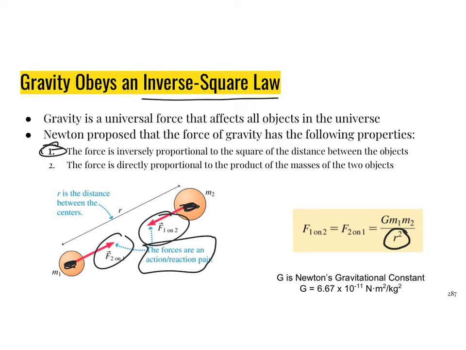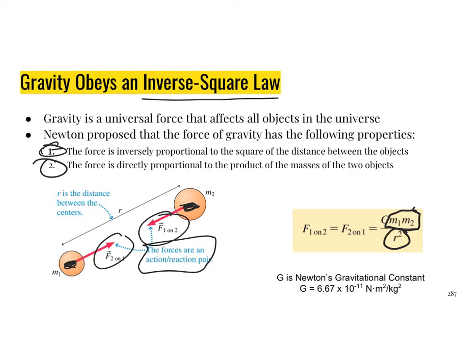The other thing is that the force is directly proportional to the product of the masses. Right here I have m1 and m2 multiplied by each other, and the heavier the masses, the more they pull on each other. To sum this up, the Earth and the Sun exert gravitational forces on each other.